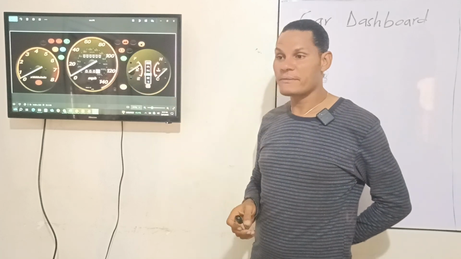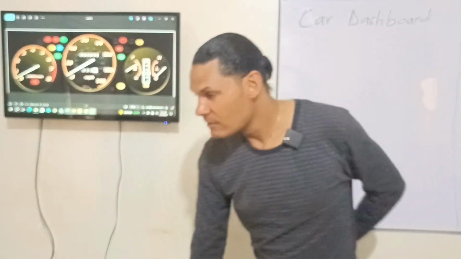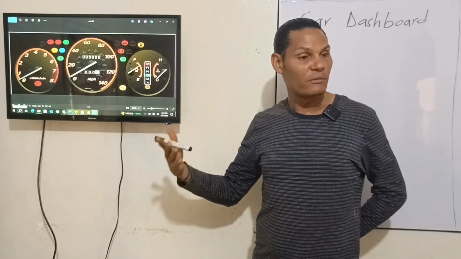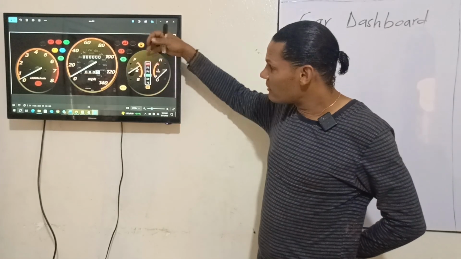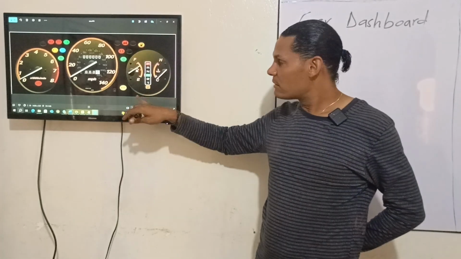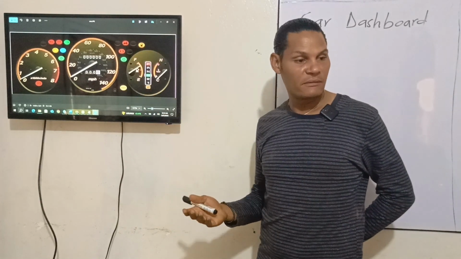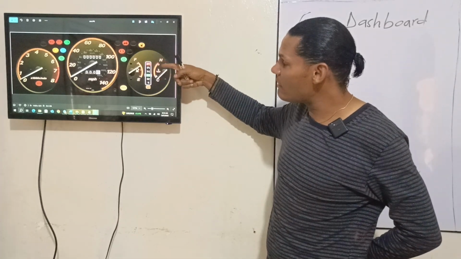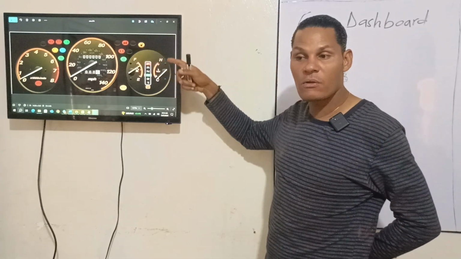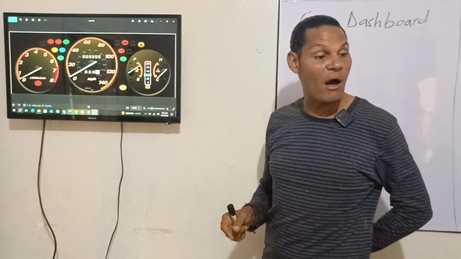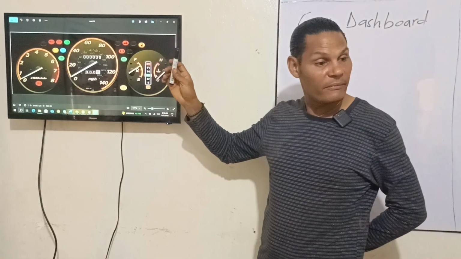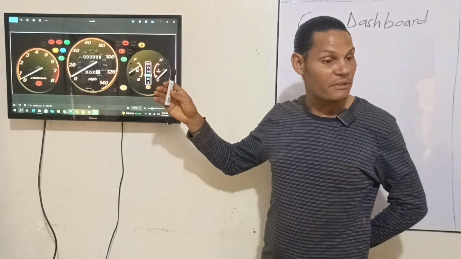Your fuel gauge tells you if your petrol is getting short. The F stands for full, the E stands for empty, right? Then another one here, very important, is the temperature. It tells you how hot your engine is. The higher it goes up, the more dangerous it is.